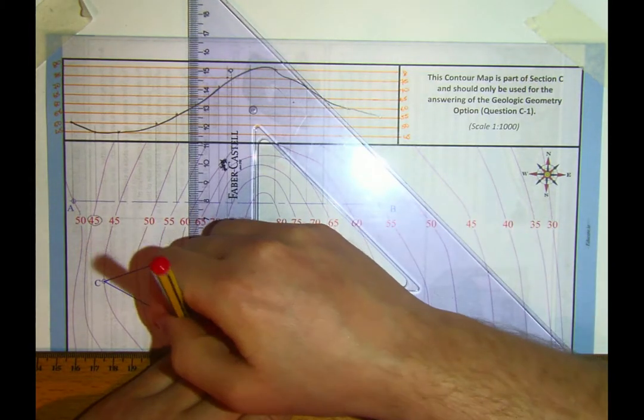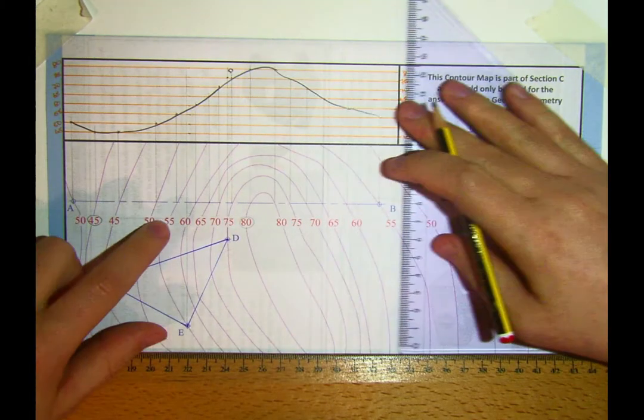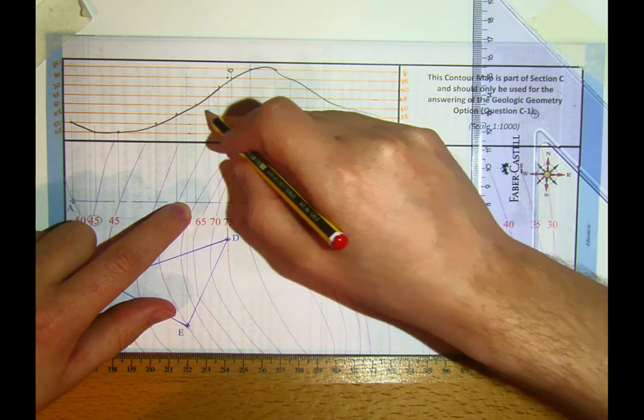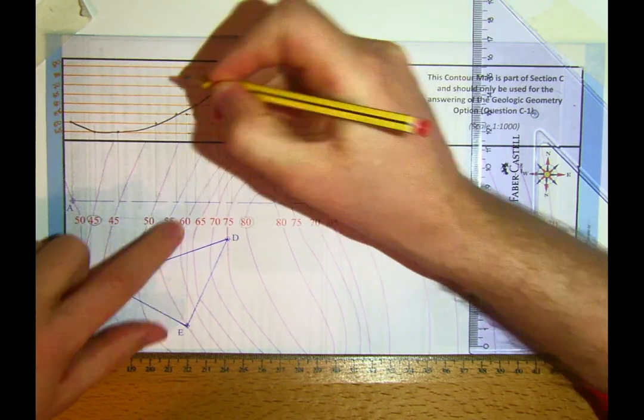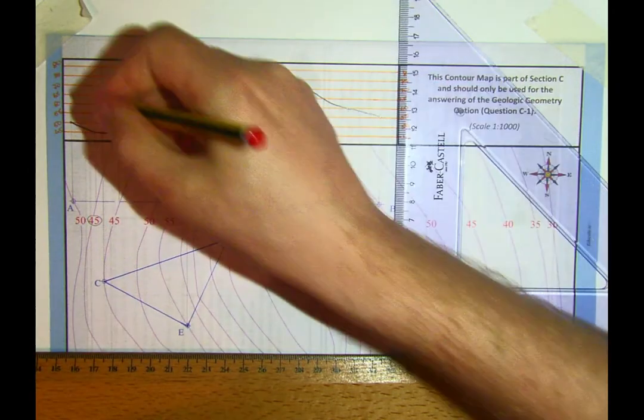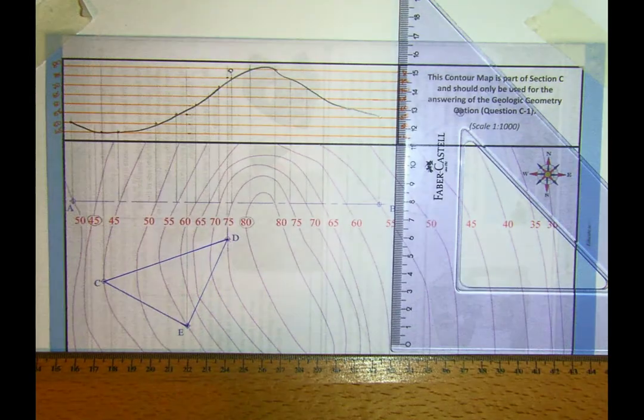Doing the same thing for point E. Point E has an altitude of 55, so we'll find the 55 height line, that's this one. And do the same thing for C. That has an altitude of 45. So that's that one there.